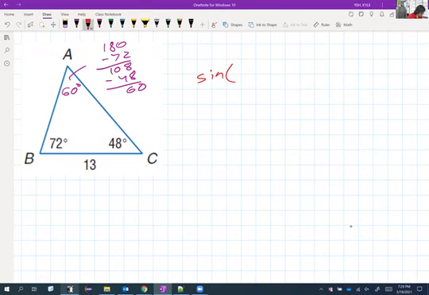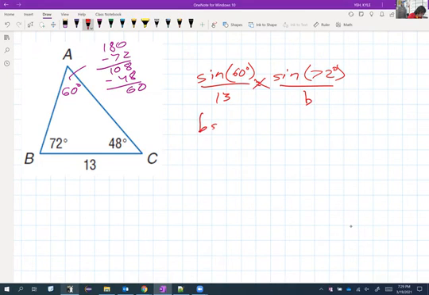So sine of 60 over 13 equals sine of, I'll do 72, over side length B. Should get something a little bit greater than 13. B sine of 60 is equal to 13 sine of 72 degrees.